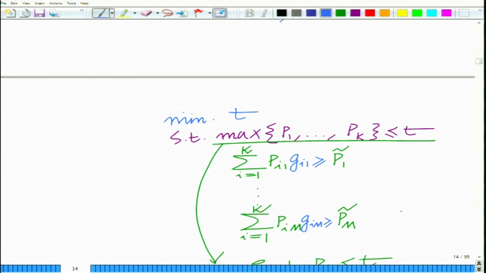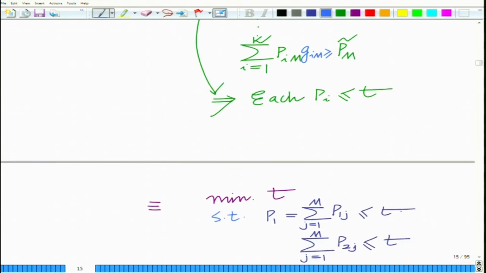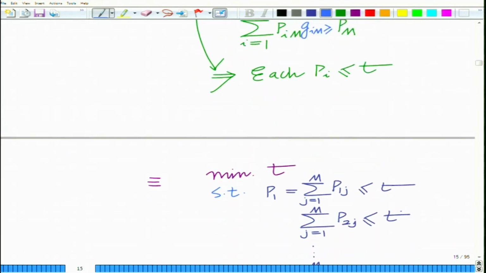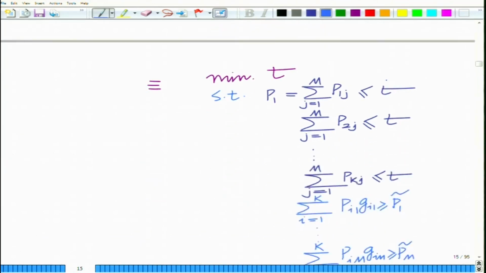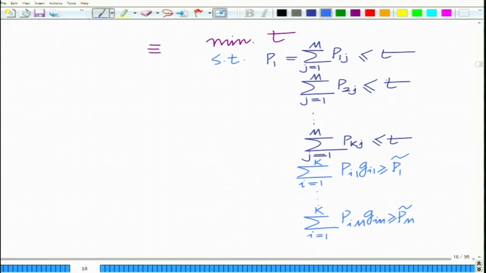The desired power at each user has to be greater than or equal to Pj tilde, that is there as usual, and if the maximum is less than t, then each Pi is less than t, which implies that.